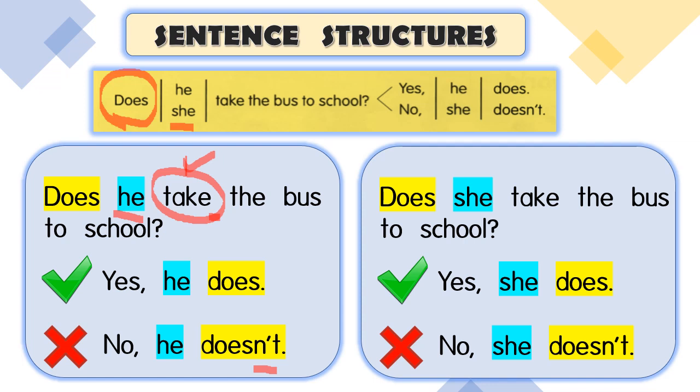Look here. When the question is asking does, then you must answer using does. You add not if it's no. If the statement is wrong, then you say doesn't. Does, doesn't.